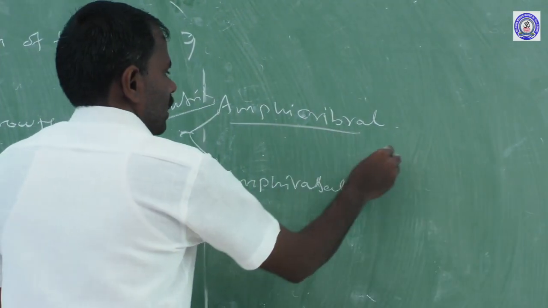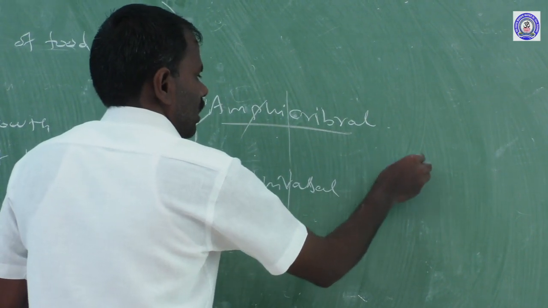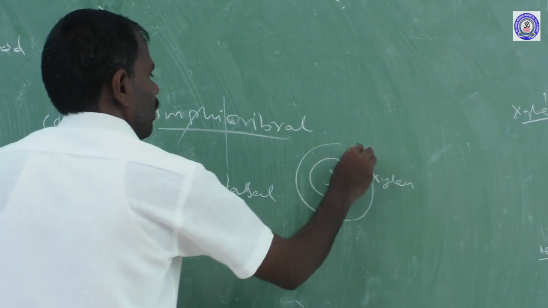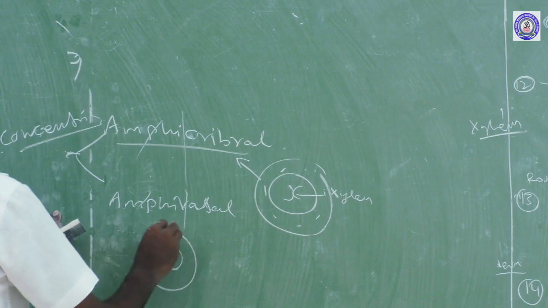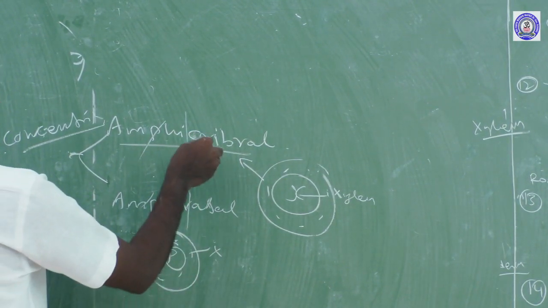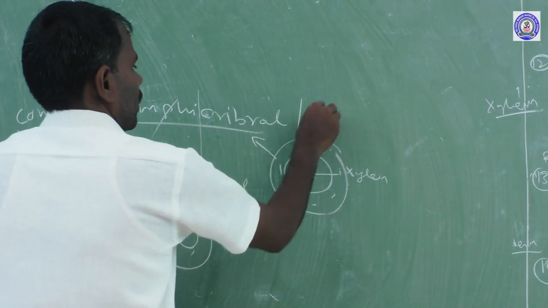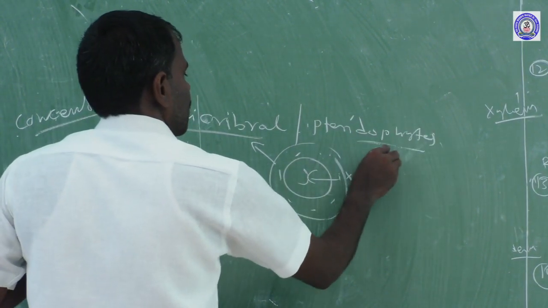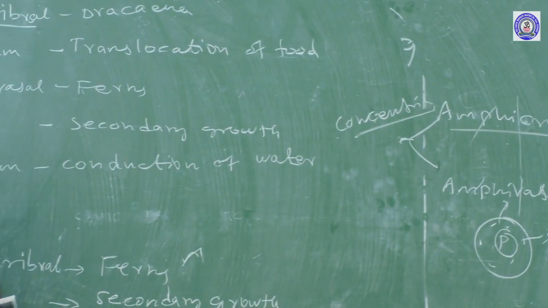The C refers to center. When the xylem is at the center and surrounded by phloem, it is called ambivasal vascular bundles. When the phloem is at the center and surrounded by xylem, it is called ambicrural vascular bundles. Ambicrural vascular bundles are found in pteridophyte plants, such as ferns.